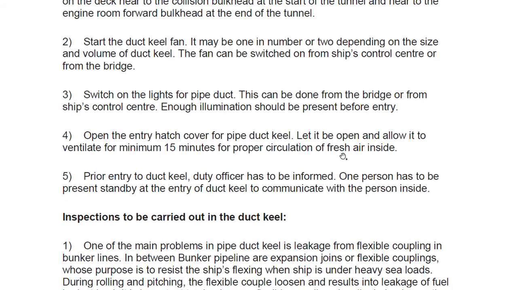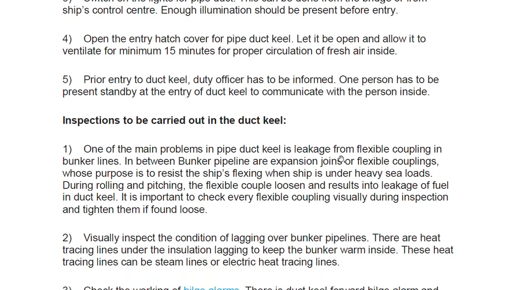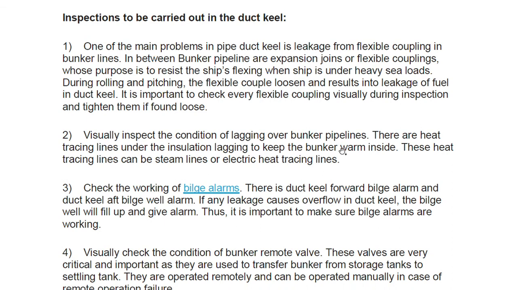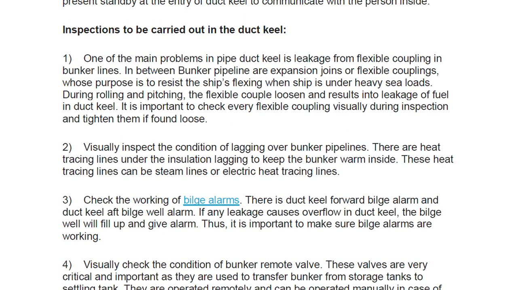Okay. Now inspection. What inspections are to be carried out in the duct keel? One of the main problems of the pipe duct keel is leakage from the flexible coupling. There are flexible couplings provided inside the bunker pipeline. We have expansion joints or flexible couplings whose purpose is to resist the ship's flexing, because the ship will flex.